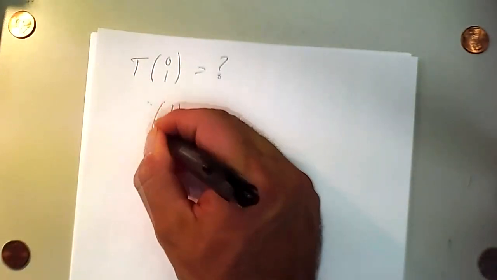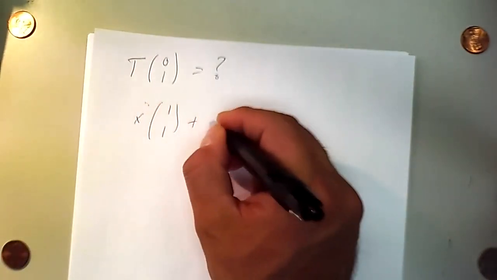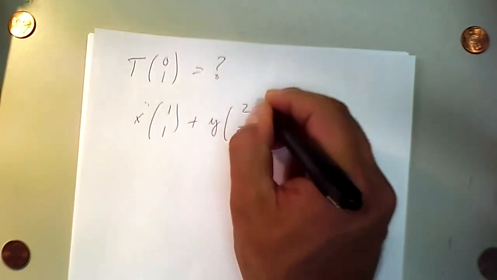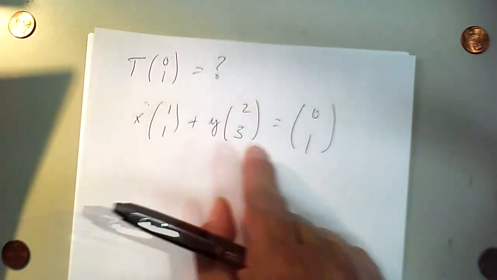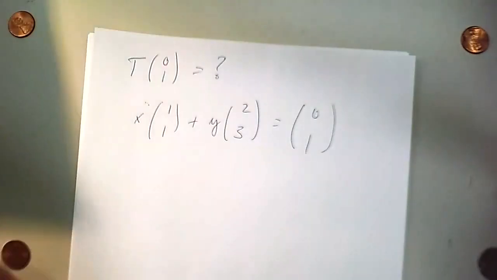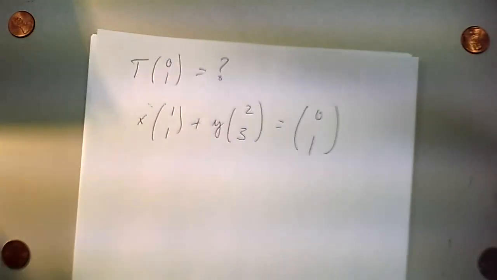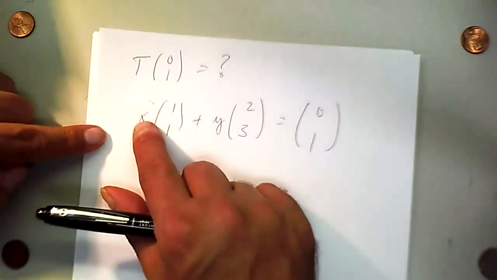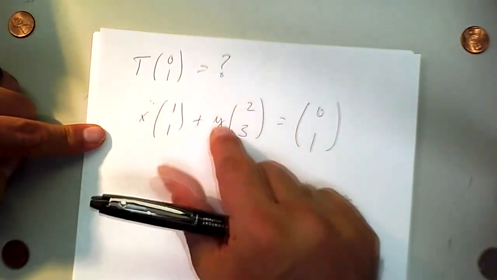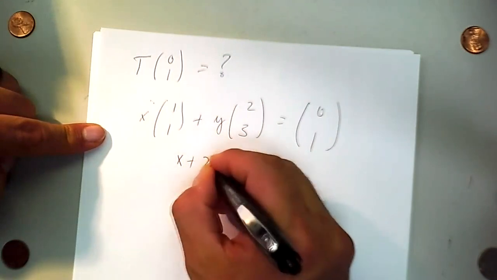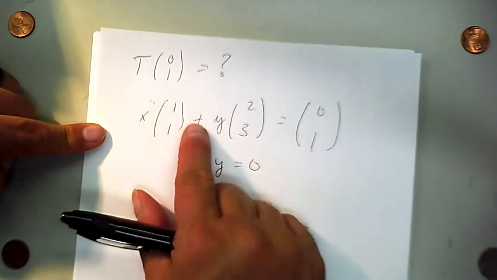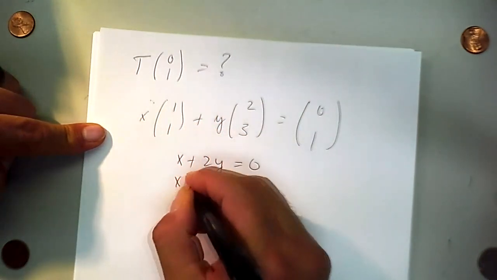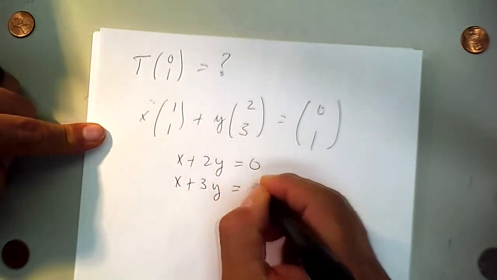x times (1, 1) plus y times (2, 3) equals (0, 1). Can we do this? Well, let's find out. Let's solve the equation. This means that x plus 2y is 0, and x plus 3y is 1.